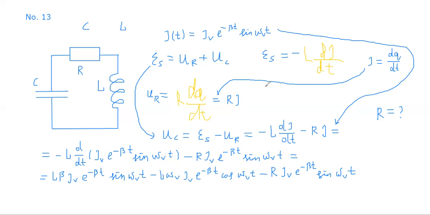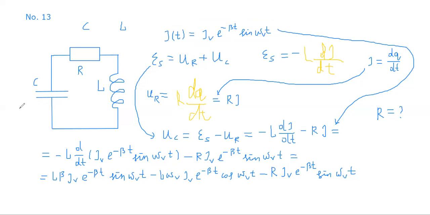Okay, no idea. According to the condition, we have a formula for electric current, the dependence of electric current on time, and in this formula we have beta, where beta is the damping coefficient.